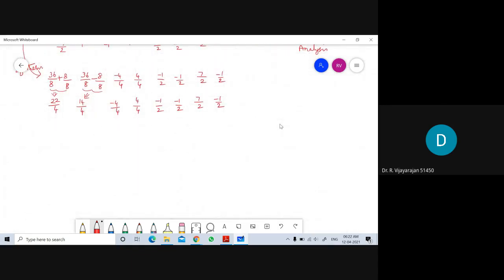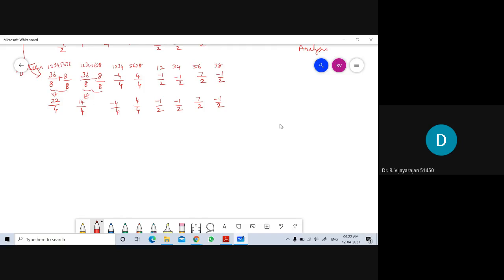Now if you look at the index, this is from 1 to 8.